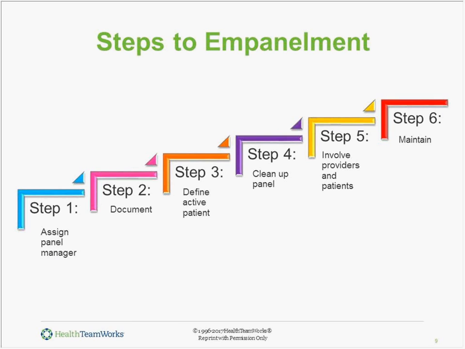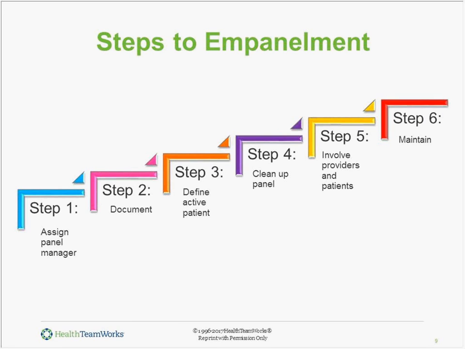It's an essential step where, if you haven't done this actively or you haven't done it for a long time, it's really going through that foundational step of looking at your panels either at the practice or the system level, and based on how and where you said you document it and how to find the active patient, doing an initial cleanup of the panel.